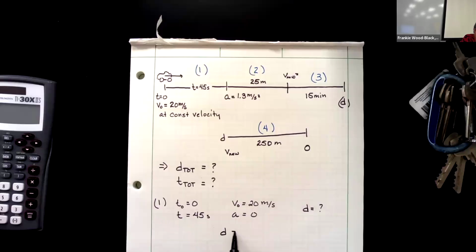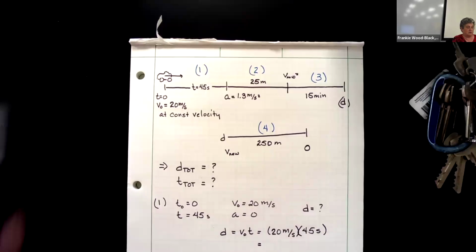Distance is going to equal my initial velocity times time. So I'm going to have my 20 meters per second times my 45 seconds. And now I have my distance traveled, and that's 900 meters.